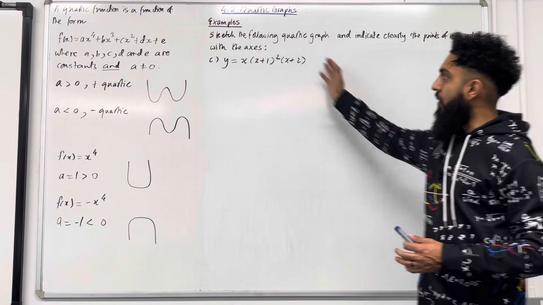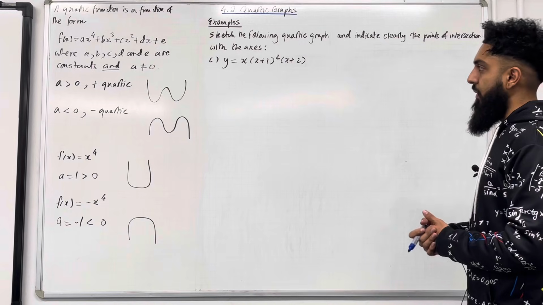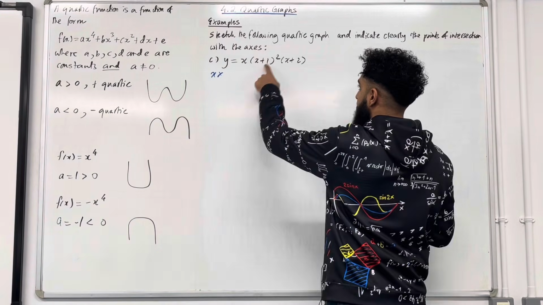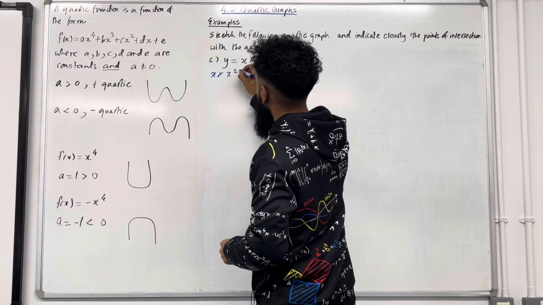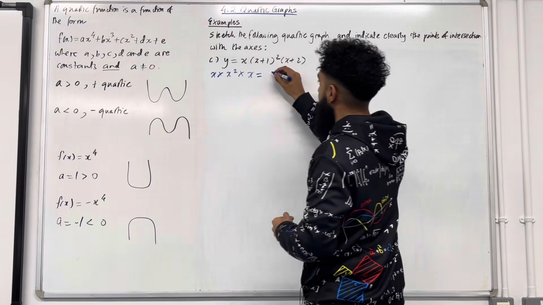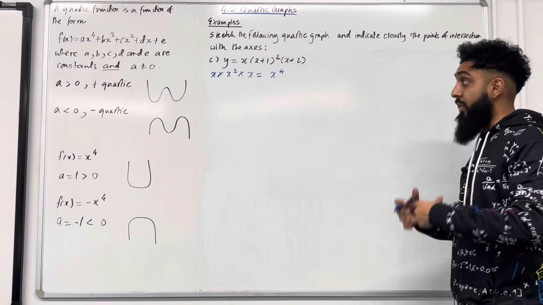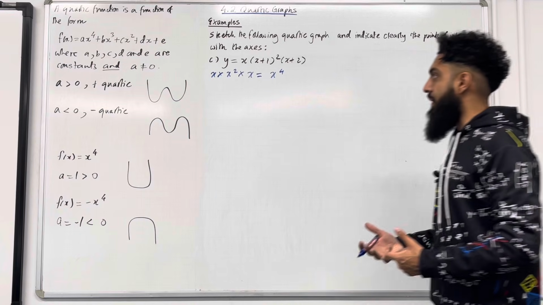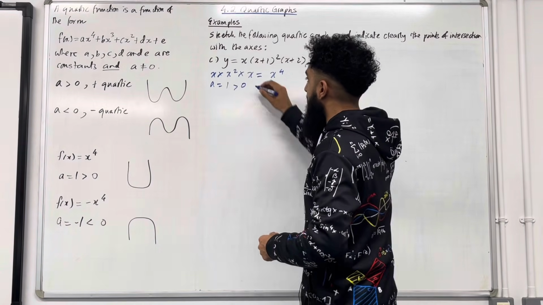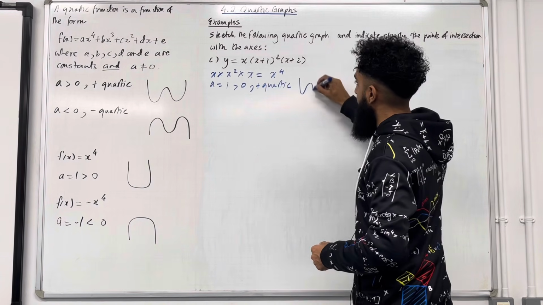Okay, so this is the graph that we're going to sketch. We're going to work out the coefficient of x to the power 4. Firstly, we've got x multiplied by x squared multiplied by x. This reduces to x to the power 4. So the coefficient of x to the power 4 in this case, or you could say the value of a, is 1. This is positive, so we have a positive quartic W shape.